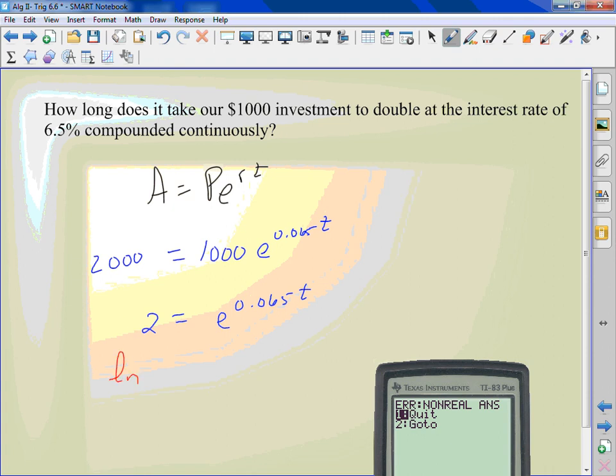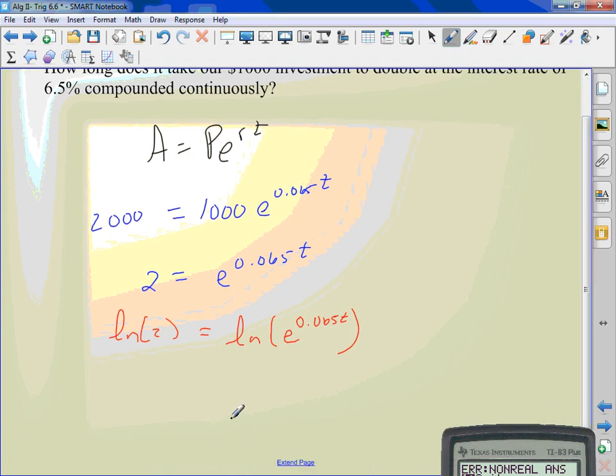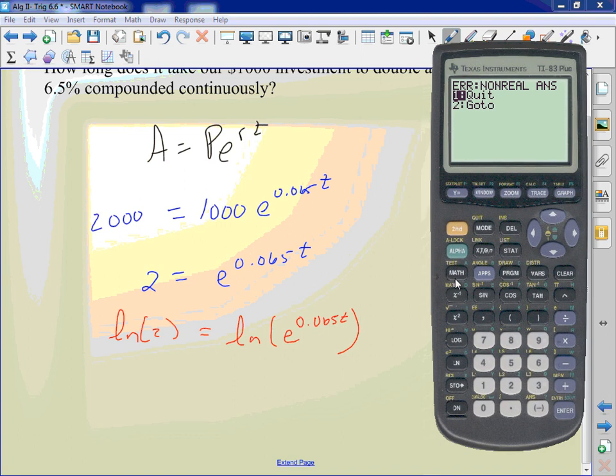So I take the ln of 2 equals the ln of e to the 0.065t. Whatever I do to one side, I can do to the other. Now, if I go in the calculator and put ln e to the 0.065, I get just the exponent.